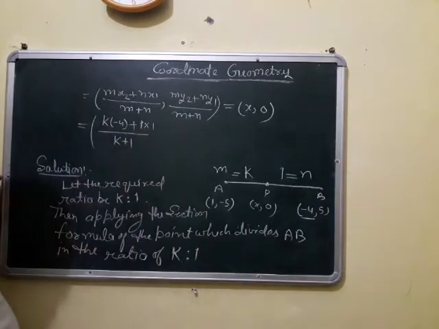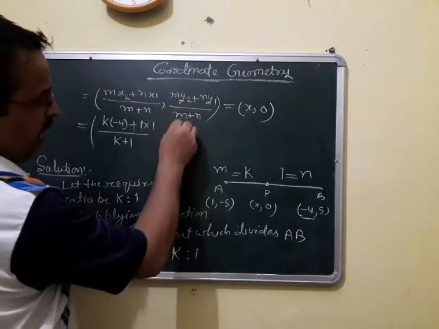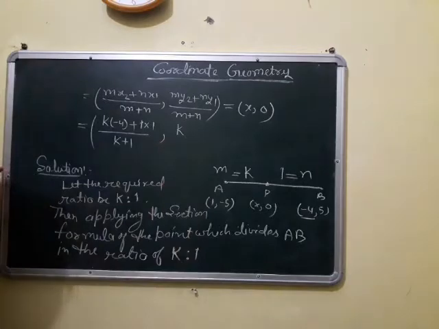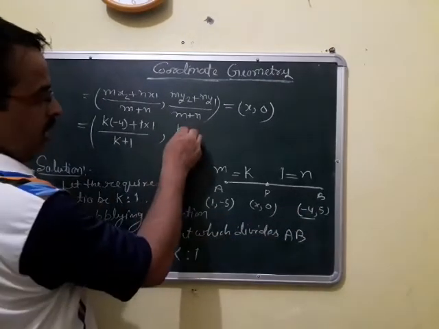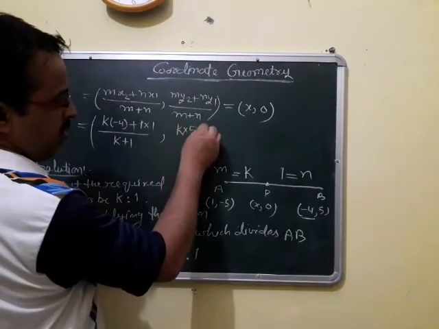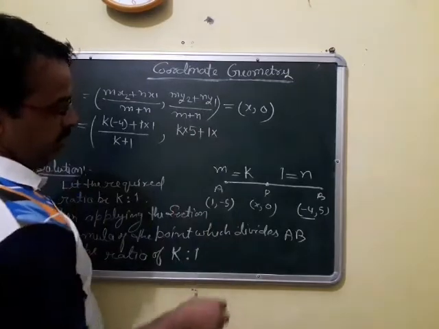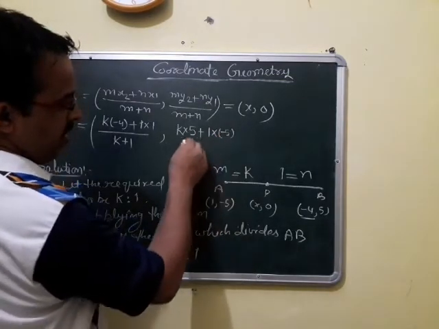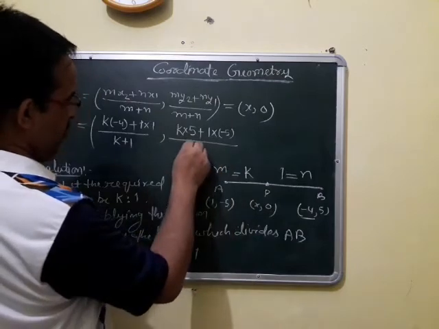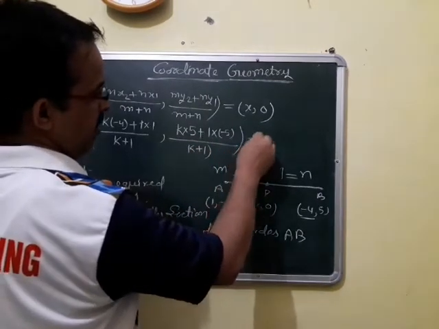Clear? And for y, m is k and y2 is 5, plus n is 1 and y1 is minus 5, upon k plus 1. Clear?